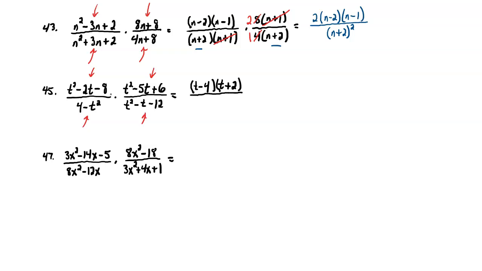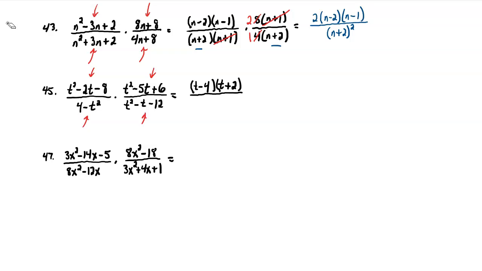Down in the bottom, I notice it's a difference of squares, but I also notice that the 4 minus t squared is written backwards, right? Standard form would have the t squared minus 4. So remember that when that occurs, you can factor out a negative to create the correct subtraction.